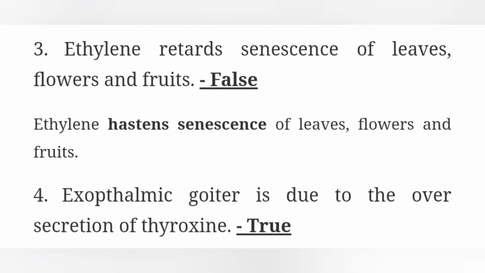Third one, ethylene retards senescence of leaves, flowers and fruits. The statement is false. Ethylene hastens senescence of leaves, flowers and fruits. Fourth one, exophthalmic goiter is due to the oversecretion of thyroxine. The statement is true.